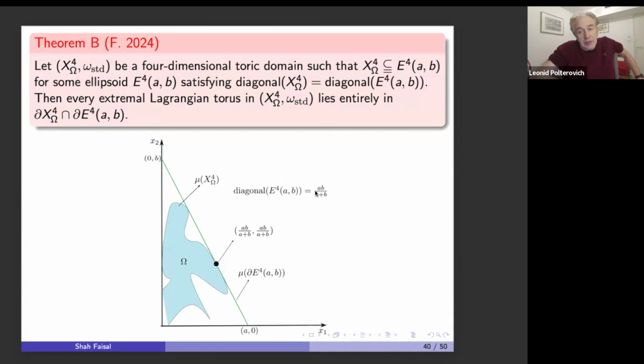A similar thing was considered in the context of shapes, the shape by Sikorav or Eliashberg, of domains. And the question is whether these extremal tori with respect to shape are contained in the boundary, and if not, and they are attained, what is the intersection?